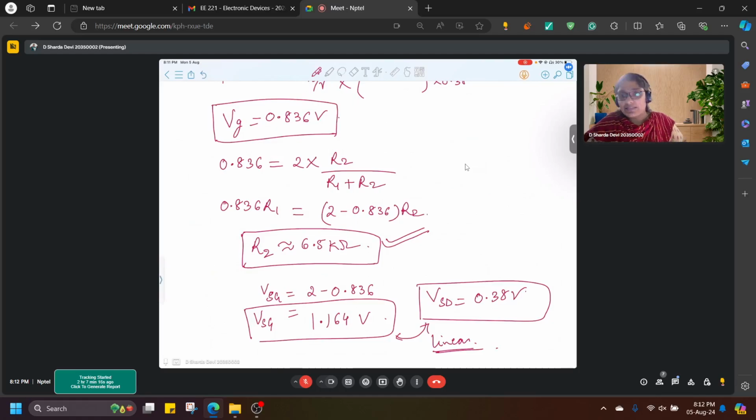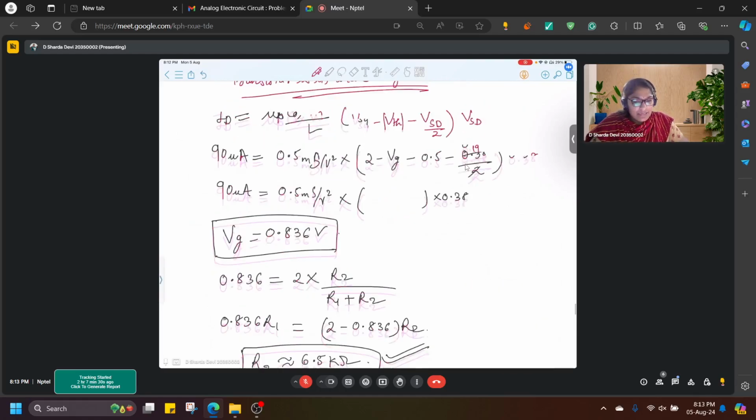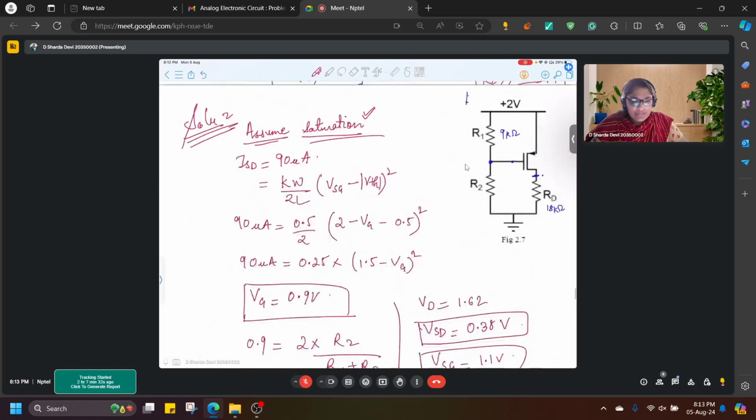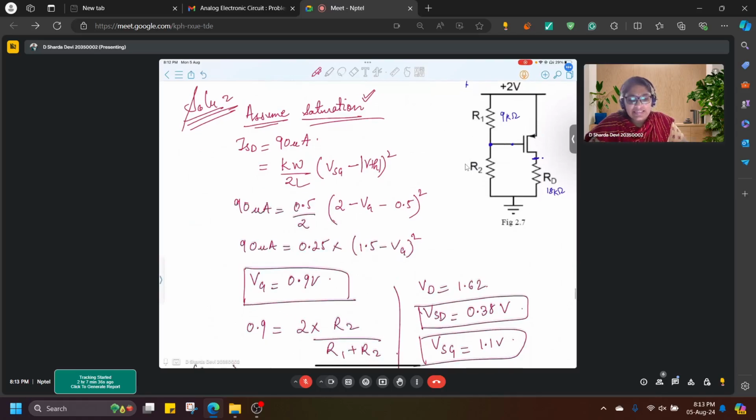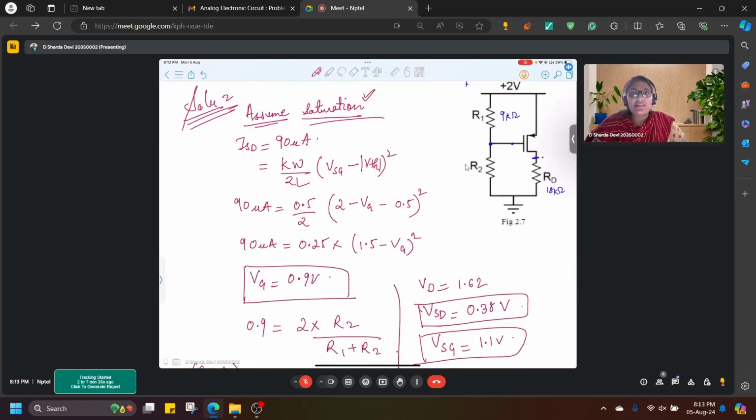Is it clear how we solve this equation? Yes, ma'am. So this is how we have approached. This is one method, by assuming the region. There is a possibility that you can assume saturation and it may come out to be in saturation.